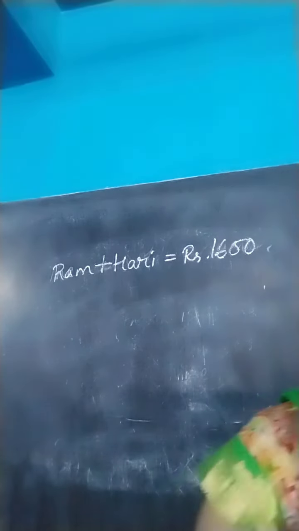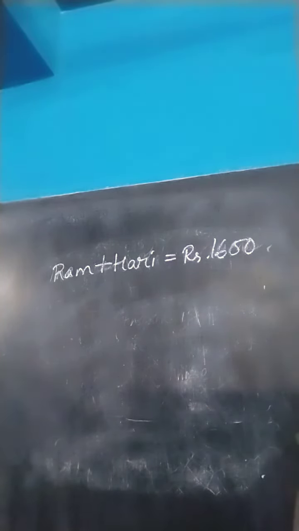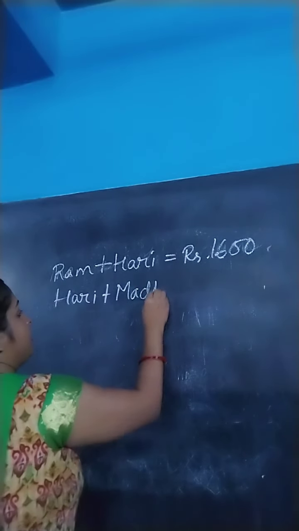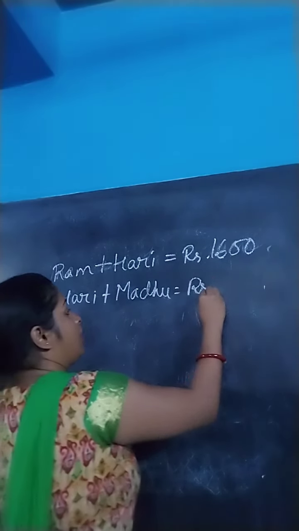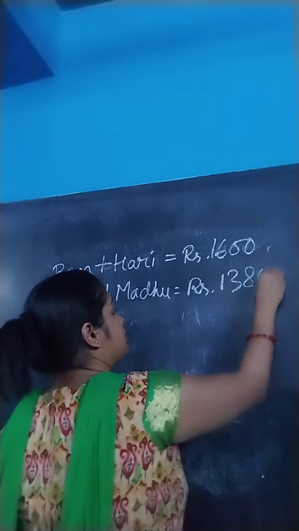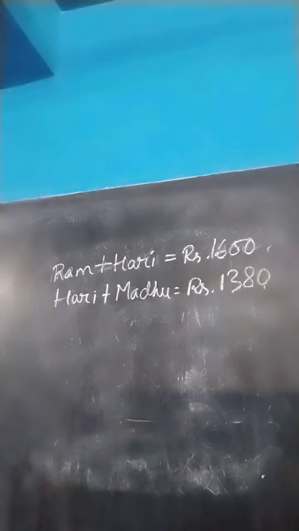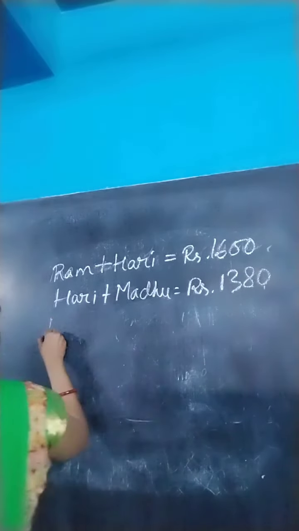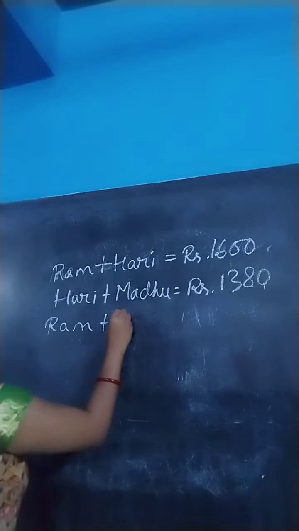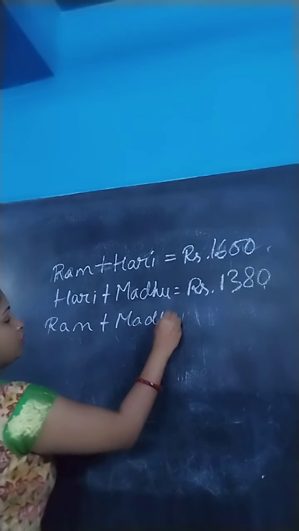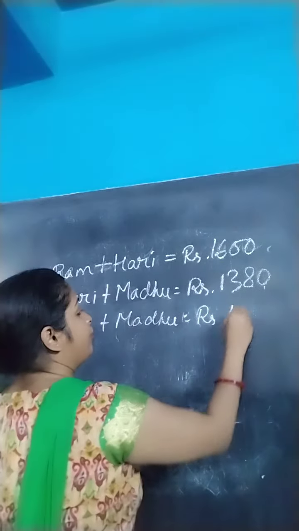It is given that Hari and Madhu together is having 1380. Hari plus Madhu is having together rupees 1380. In the third part, it is given that Ram and Madhu together have rupees 1420.